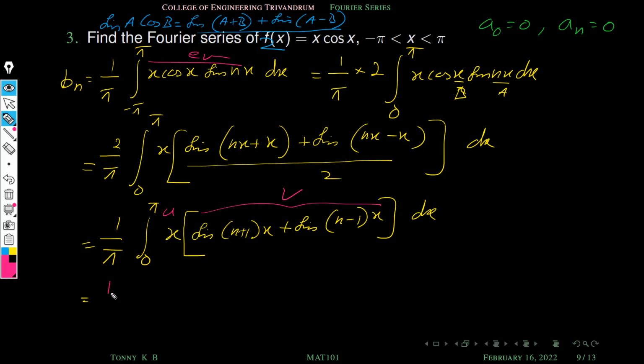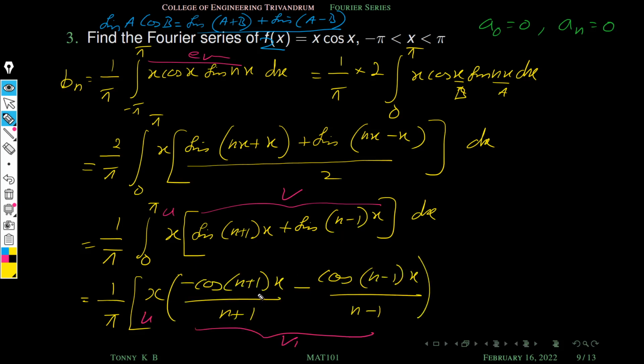So first function into the integral of the second, that is v1. What is the integral of sin((n plus 1) x) and sin((n minus 1) x)? That is minus cos((n plus 1) x) by (n plus 1), and minus cos((n minus 1) x) by (n minus 1). So this is u, and this entire term is v1. The next term is minus u dash, that means the derivative of x, that is 1, into v2.